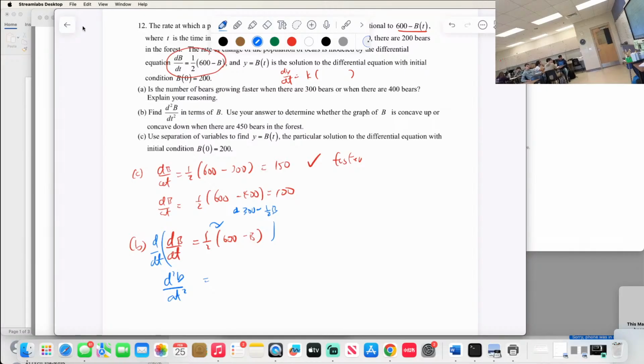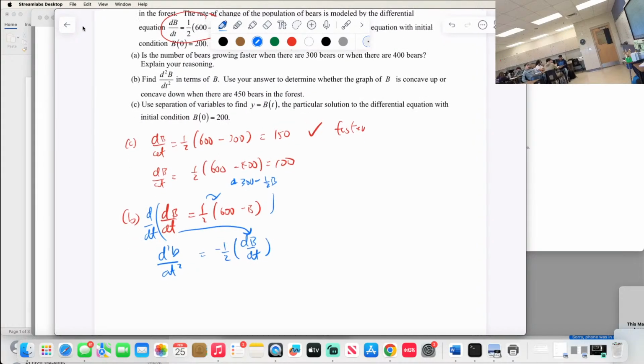If I take a derivative of 1/2 B, it's going to be negative 1/2 of dB/dt. Now, you already know what dB/dt is, so I'm going to sub it back in here. So it'll be negative 1/2 times 1/2 times 600 minus B, and that's going to be negative 1/4 times 600.